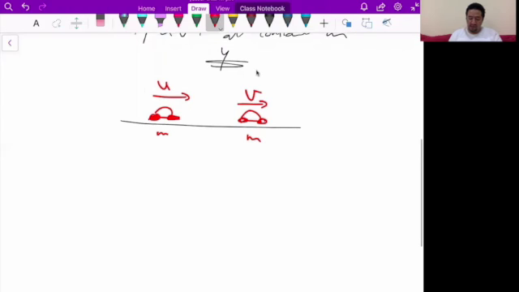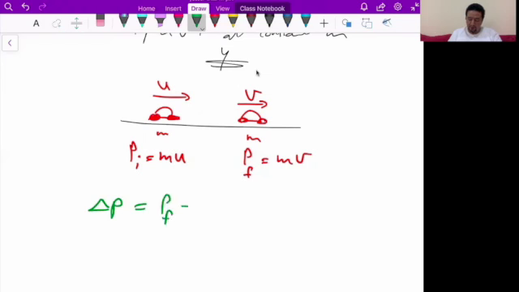Let's find the initial momentum. The initial momentum is equal to mass times initial velocity. The final momentum is equal to mass times final velocity. The change in momentum is equal to final momentum minus initial momentum.